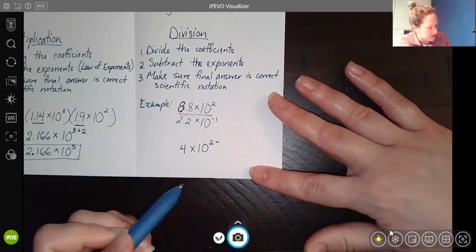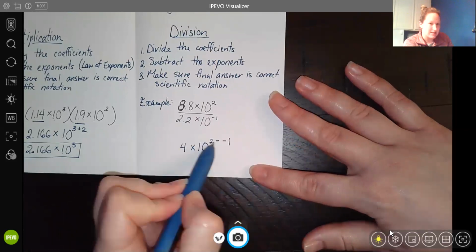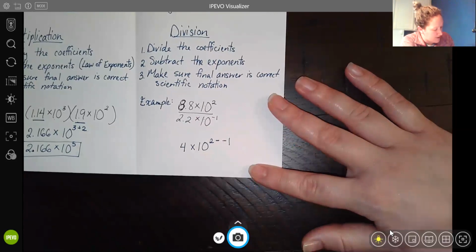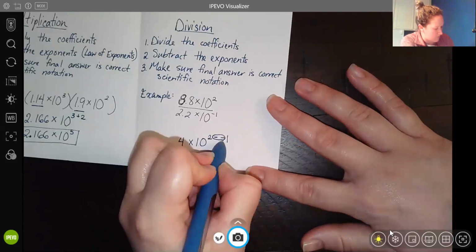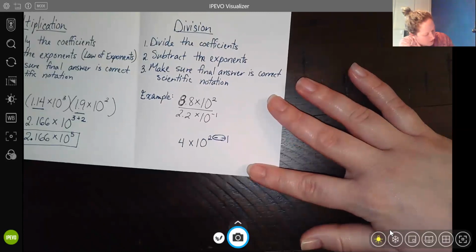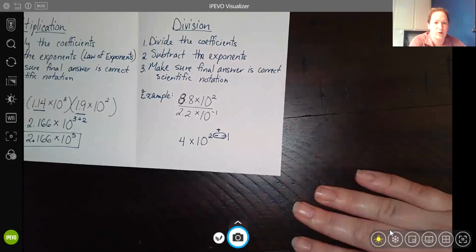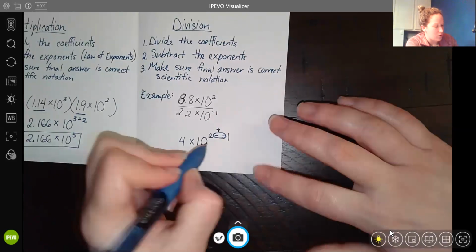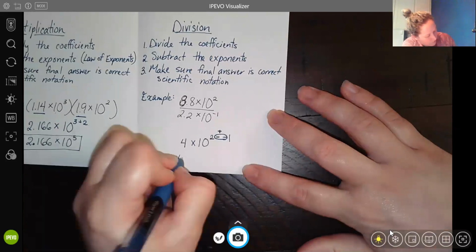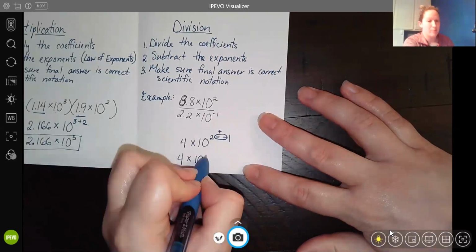In this case, it's -1. So I'm actually taking 2 minus -1. Whenever we subtract a negative, or take the opposite of, that can also be represented with addition. So this is now 2 plus 1. My final answer is going to be 4 times 10 to the power of 3.